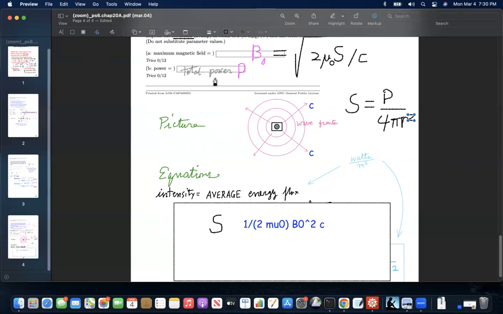So what I want to calculate here is the power. The power would be 4 pi r squared S.